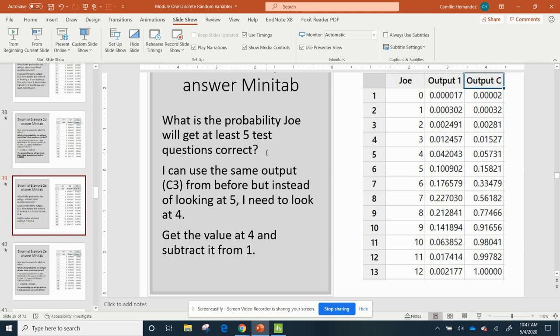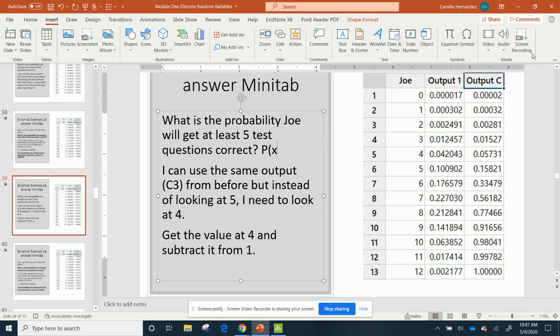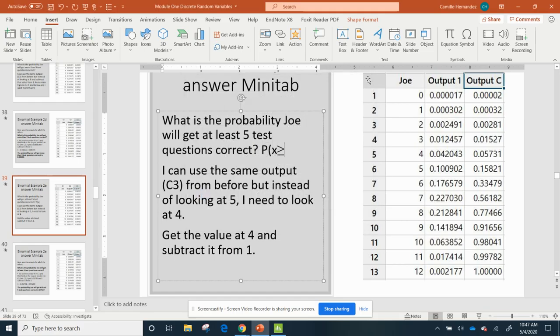So what does at least 5 look like? It's going to be the probability of X, let me insert it, at least. Okay, that's what that means. So the probability that X is greater than or equal to 5, okay?